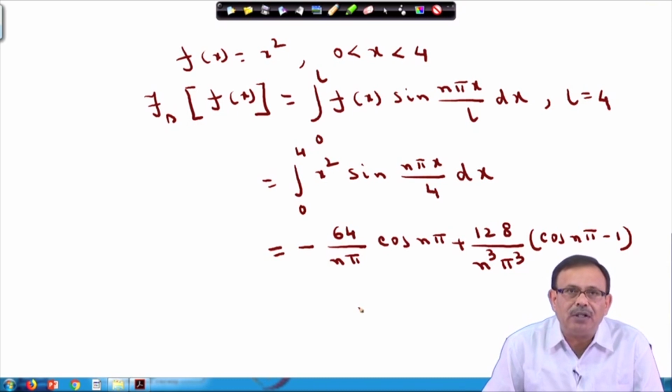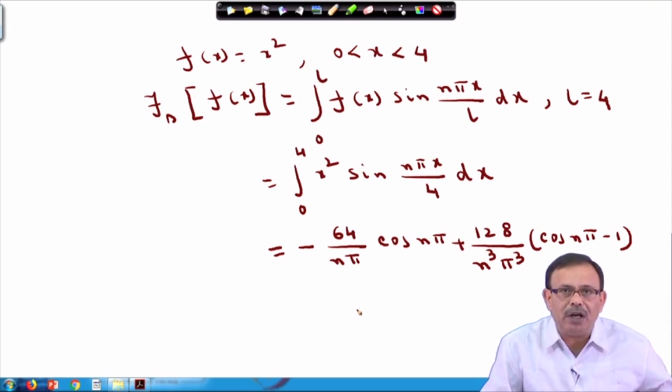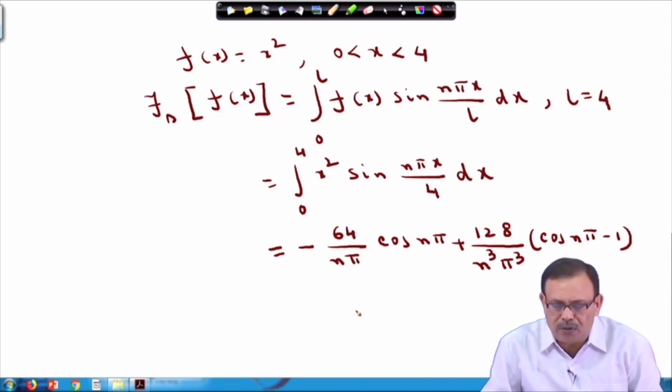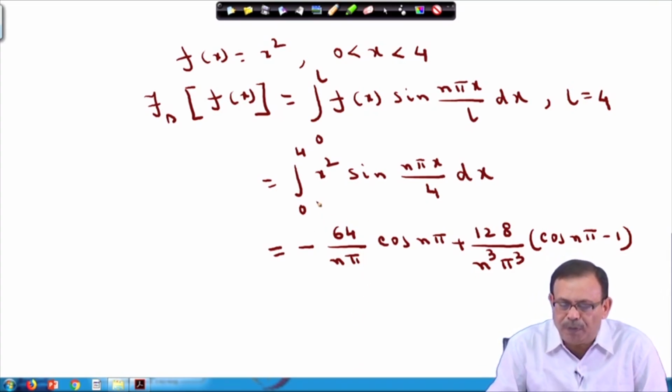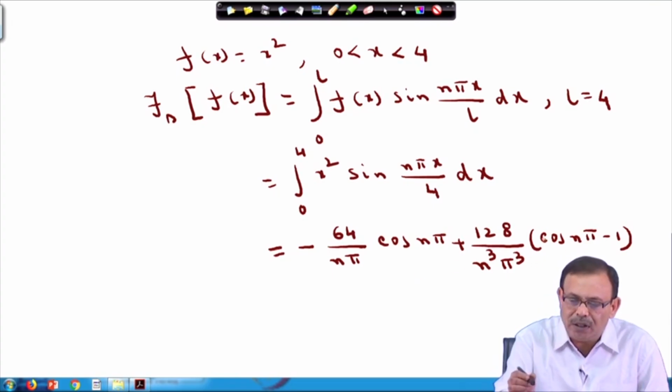Therefore, the finite Fourier sine transform of f x, from the definition, is the integral from 0 to L of f x sin n pi x by L dx, and for this case the function is x square and x is defined from 0 to 4, so L is equal to 4. If I put it, the integral becomes 0 to 4 x square sin n pi x by 4 into dx, and you will get this particular result.